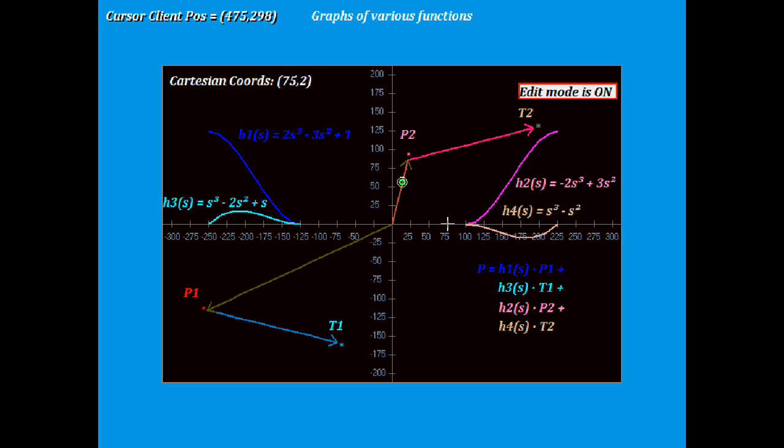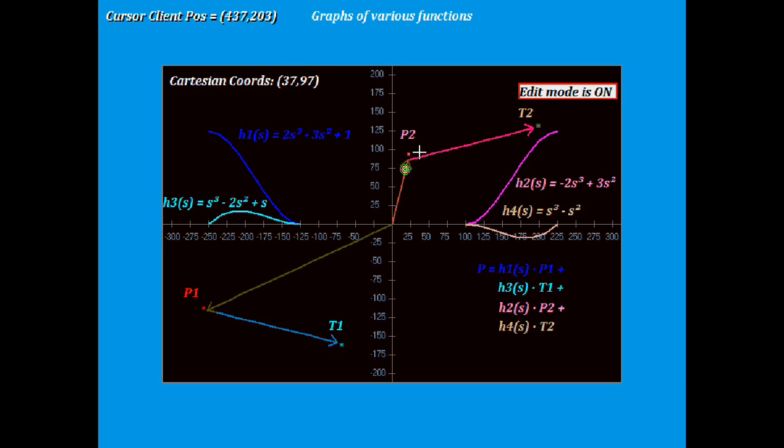Now the next demonstration is what happens if I combine the first term and the third term together. Well, we know that over the period from 0 to 1, this one starts out at P1 and ends up with nothing.